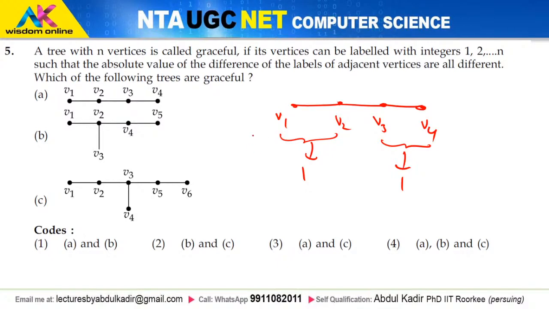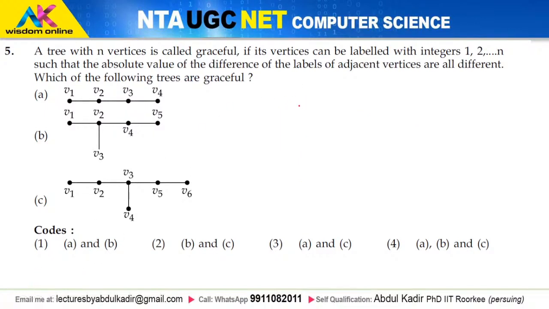So I think this is not graceful. Okay, wait a second. I think this is not what it wants to say. What does it want to say? What is the meaning of this question?